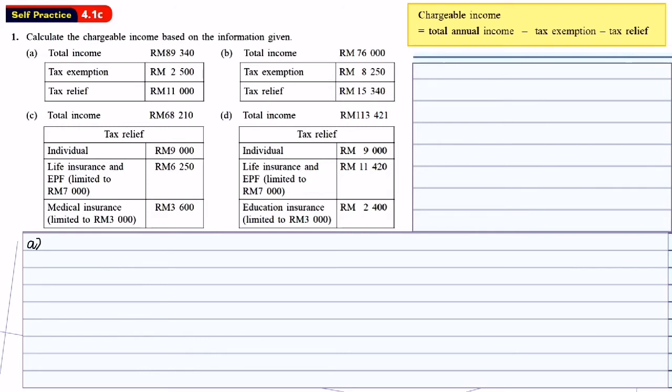1A. Total income 89,340. Tax exemption 2,500. Tax relief 11,000. What is the chargeable income?